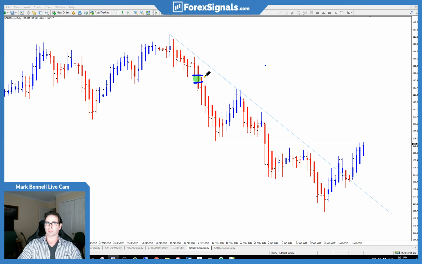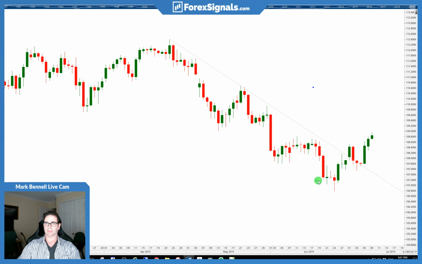Gaps are important. But yeah, it's got price up here. So, look, each has its own pros and cons, or advantages and disadvantages. But for me, it's got to be candlesticks.